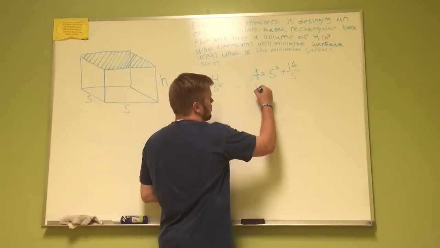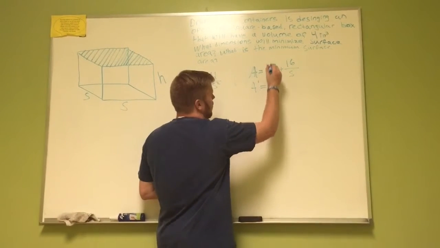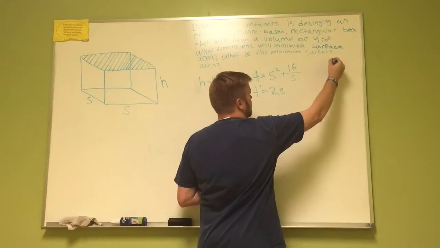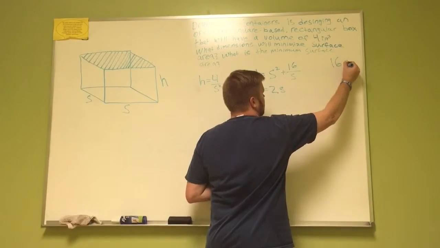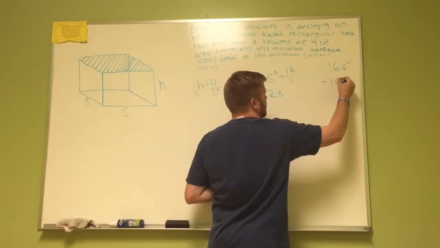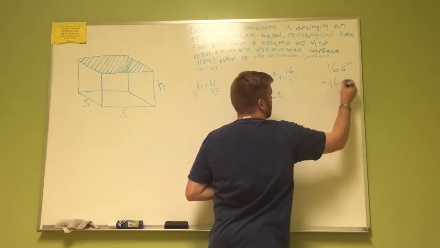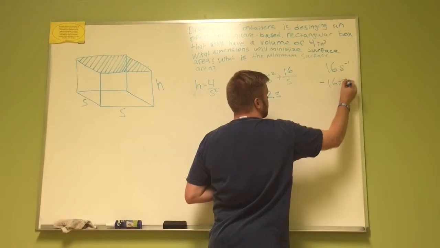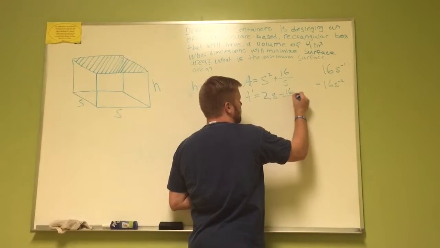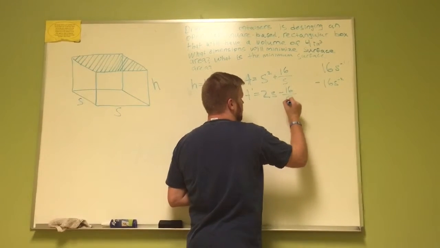Using the power rule, we get 2S, and for the second term, we have 16 S to the negative 1, which gives us negative 16. Subtracting 1 from the exponent gives S to the negative 2, so all in all negative 16 over S squared.